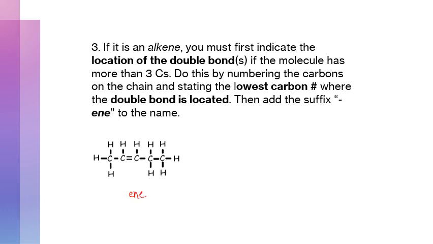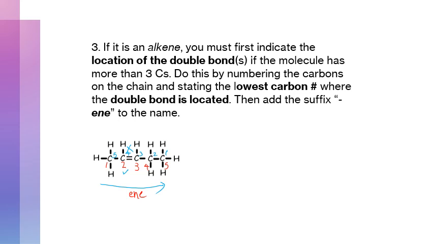And now I have to number the carbon atoms in such a way that the double bonded carbon here should have the least number. So 1, 2, 3, 4, and 5. If we are numbering from right to left, it will look like 1, 2, 3, 4, and 5. Look at the numbers here. So 2 is the least, not 4.